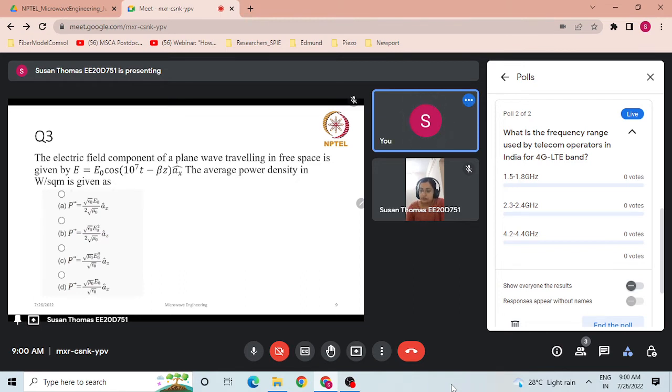To attempt this question, we must know what is average power density. So let me tell you, the Poynting vector P, or the vector which represents the power flow, is given by E cross H, where E is the electric field and H is the magnetic field vectors. So we can write E by H equals eta.